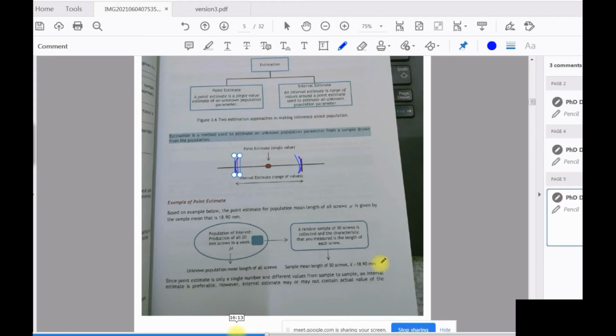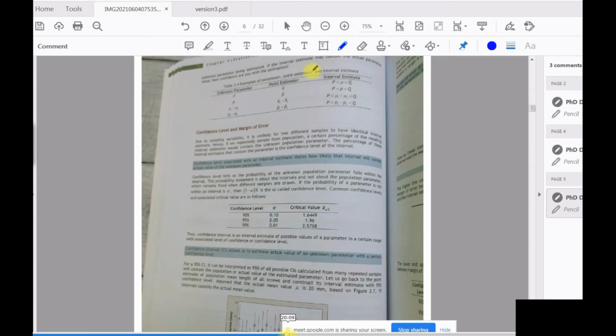This is a single point estimation. So we have only one point, which is the mean length of 50 screws, 18.90 mm.